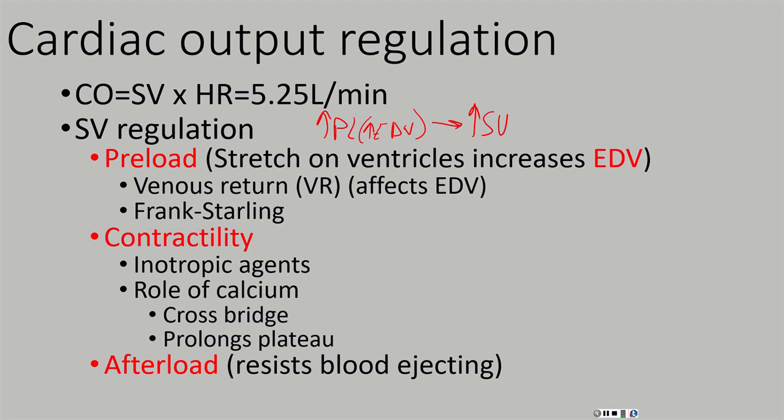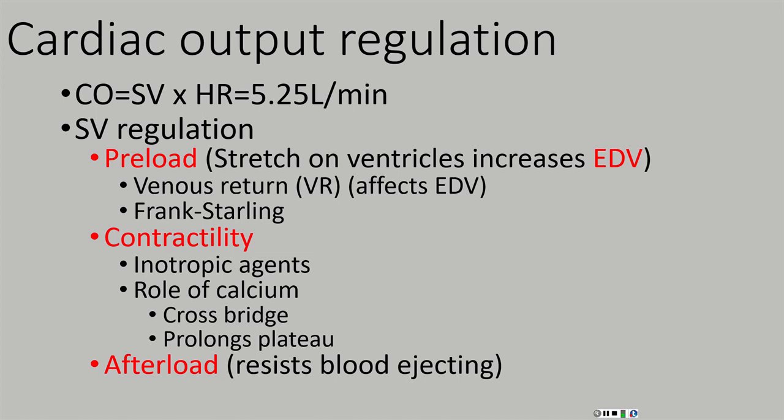Stroke volume goes up. And if stroke volume goes up, what happens? Cardiac output goes up. If preload goes up, which means end diastolic volume goes up, that leads to an increase in stroke volume, which leads to an increase in cardiac output.